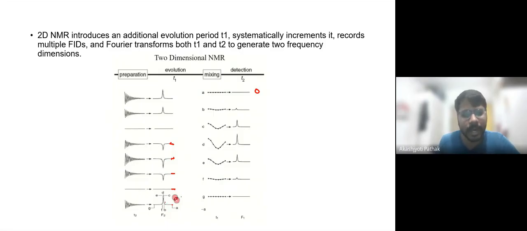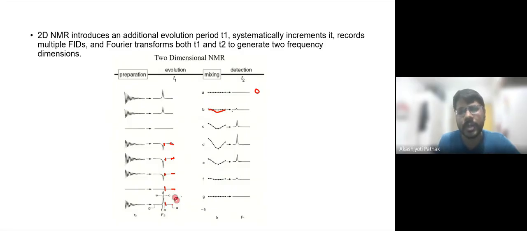At the B point, in each of the FIDs, if you look here, you can see that there is a slight dip in the signal of the Fourier transform.